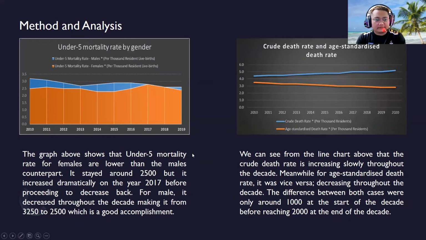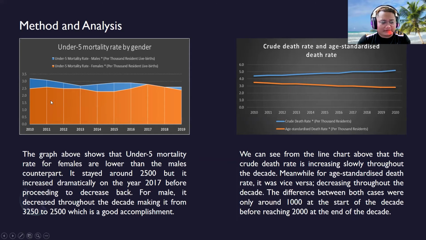Next slide. And then we have the next graph, which is the under 5 mortality rate by gender. The blue one is for the female and the orange one is for the male. From this graph, we can see that the mortality rate for under 5 females is lower than the males.